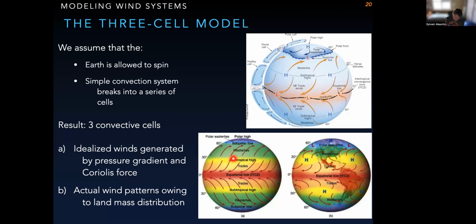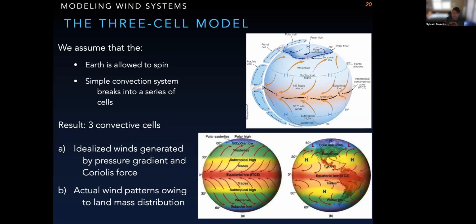Then between 30 and 60 degrees, we have the westerlies, wind blowing from the southwest toward the northeast, and this is the type of wind we observe here in North America. And finally, in the polar region, we're back to easterlies from the northeast toward the southwest, called the polar easterlies. And so this is the perfect model.